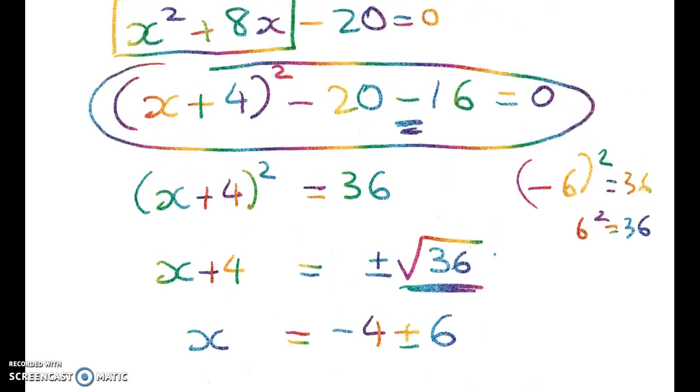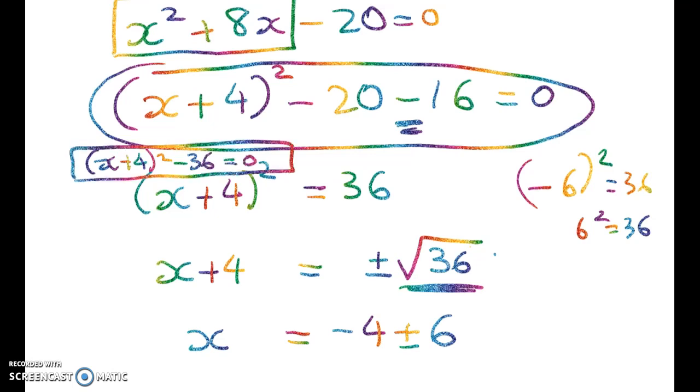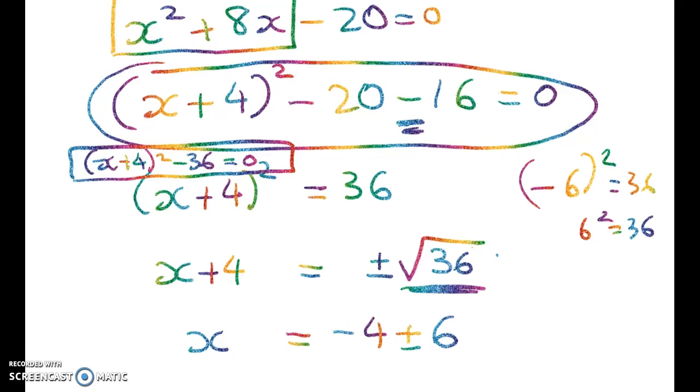So look at this version here, which is x plus 4 squared minus 36. This equals 0. This lets me read off the vertex. So I'm going to hop over to one of my favourite graphing packages, Desmos now, and we're going to see both of those things. So I want you to look for the x-intercepts and for the vertex. We'll see if this works.